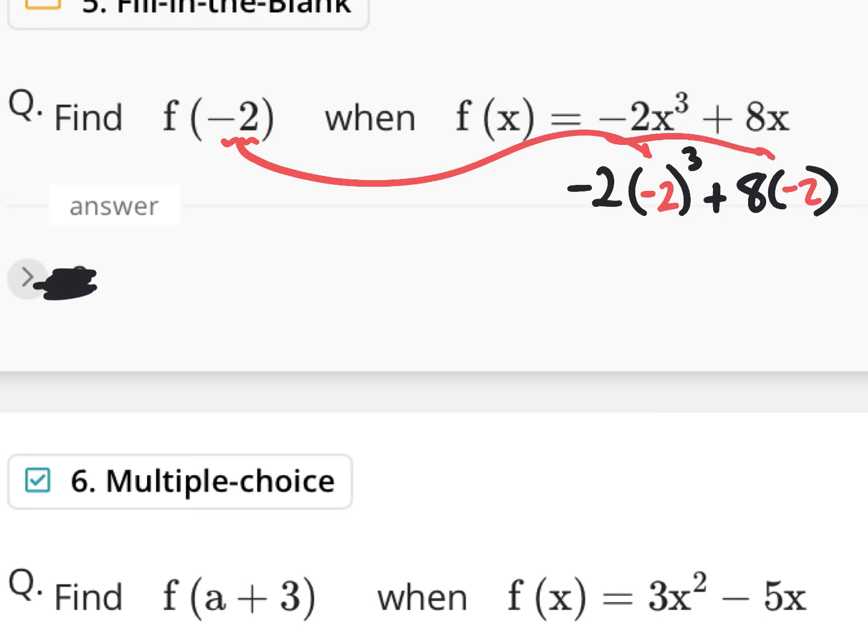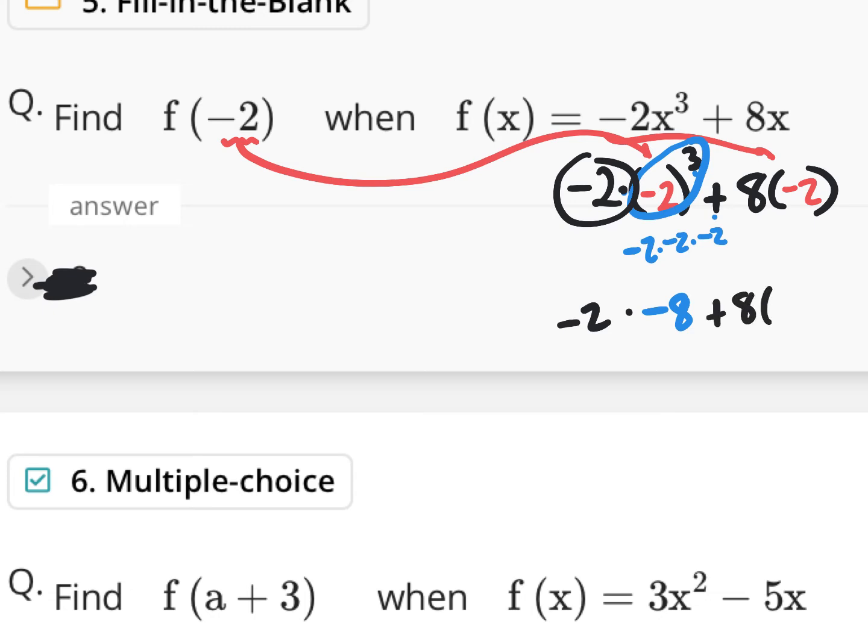What do we do first according to the correct order of operations? Do we multiply first? Do we do exponents? Do we add? Of course, we're going to be doing exponents. So what is -2 times -2 times -2? That is -8. So I still need to bring down this multiplication of -2. And we also have the plus 8 times -2 over here. So I have -2 times -8, and I also have 8 times -2.